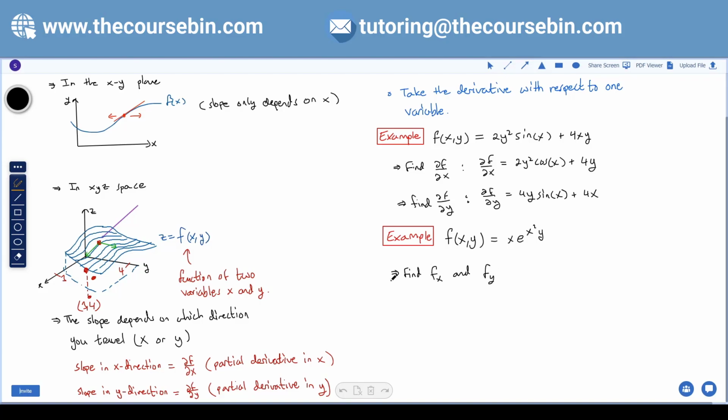So fx and fy are just different notations for df dx and df dy. All right, so let's start with fx. Try finding the partial with respect to x and the partial with respect to y.